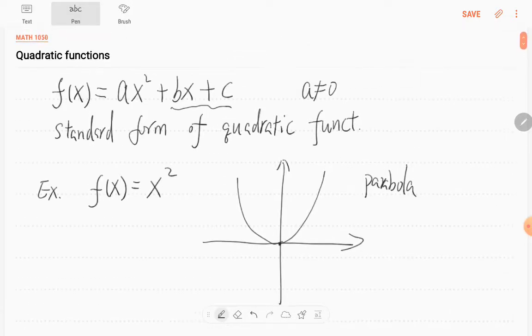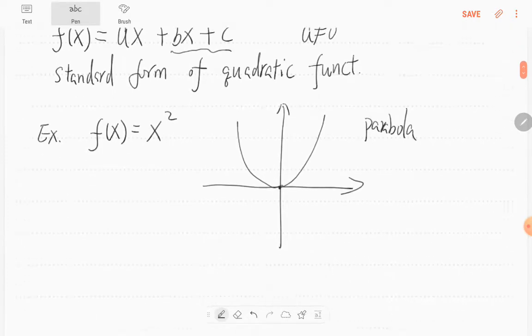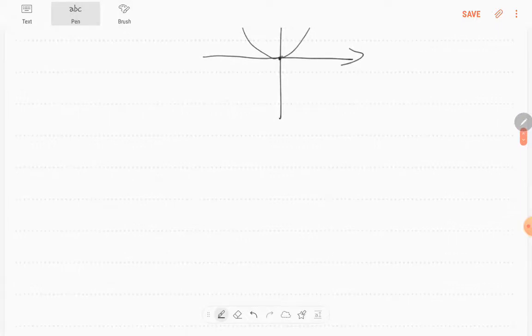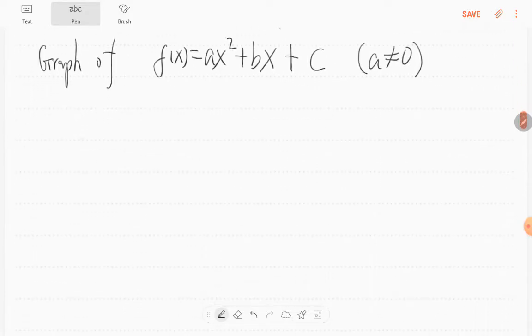So here I would tell you that the graph of the quadratic function f of x equals ax squared plus bx plus c, where a is not equal to 0, always has a parabola shape.